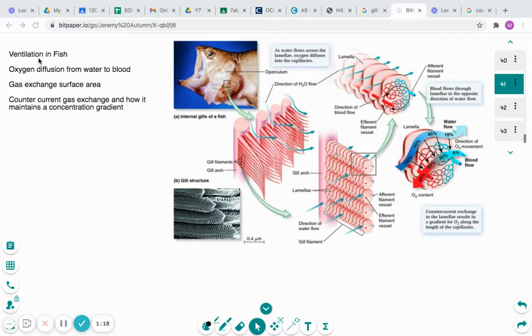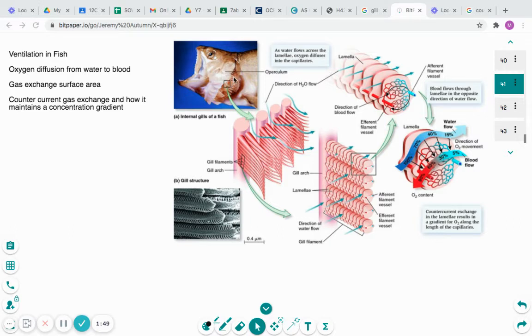So we breathe in and out, and what fish do, they have to bring a fresh supply of water to the gills. So the gills are found on the side here, and this is where they are pumping their blood to. So any oxygen that gets to this part of their body is going to diffuse into the gills, into the bloodstream, and then that oxygen can be used somewhere else.